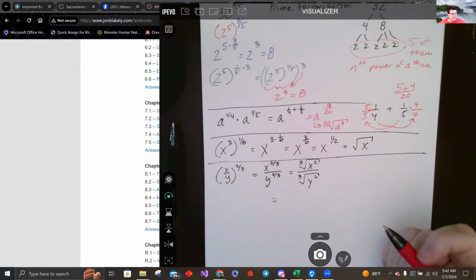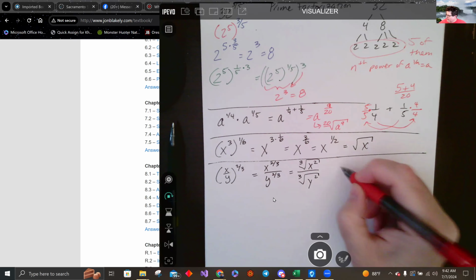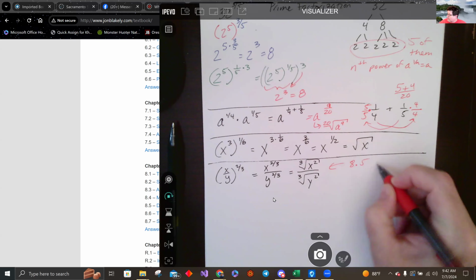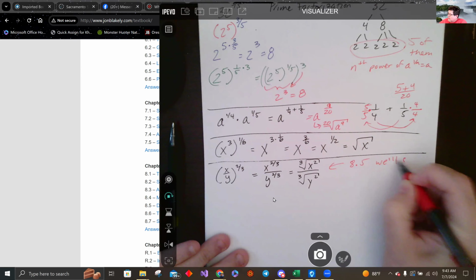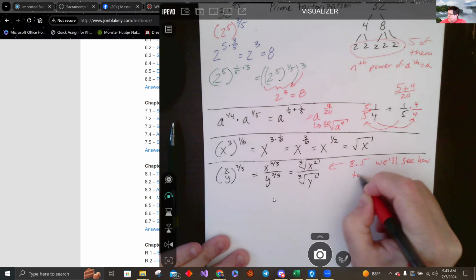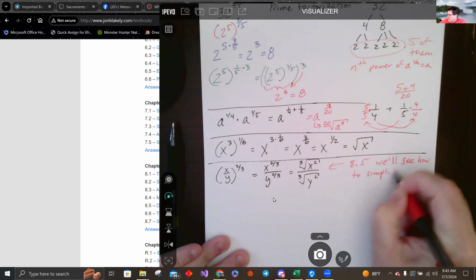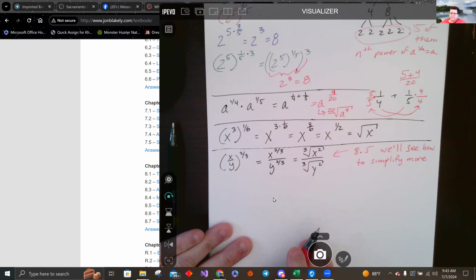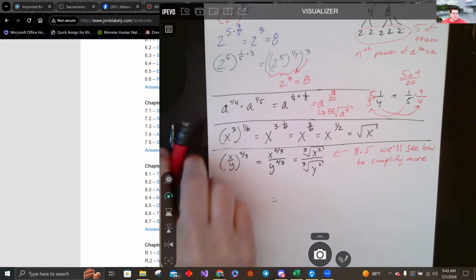And in, let's see, will we do it in 8.5? 8.5, we'll see how to clean this up. See how to simplify more. But for now, we're just having you split it up.